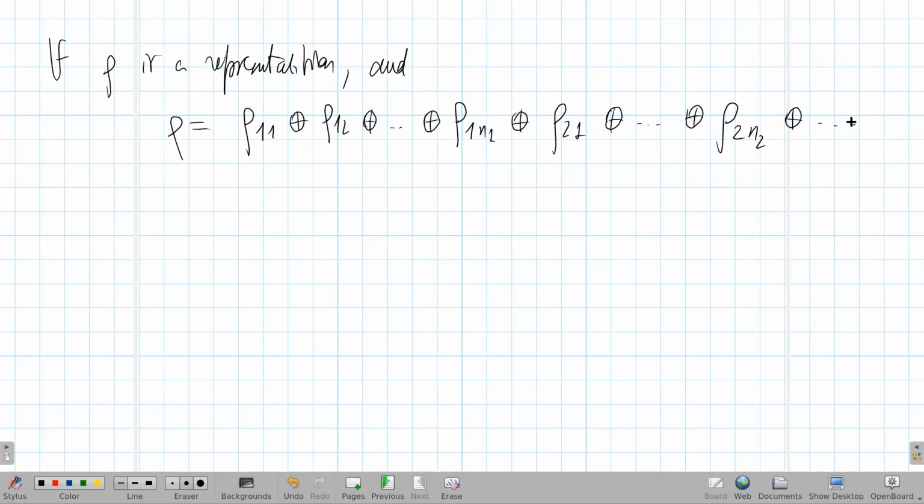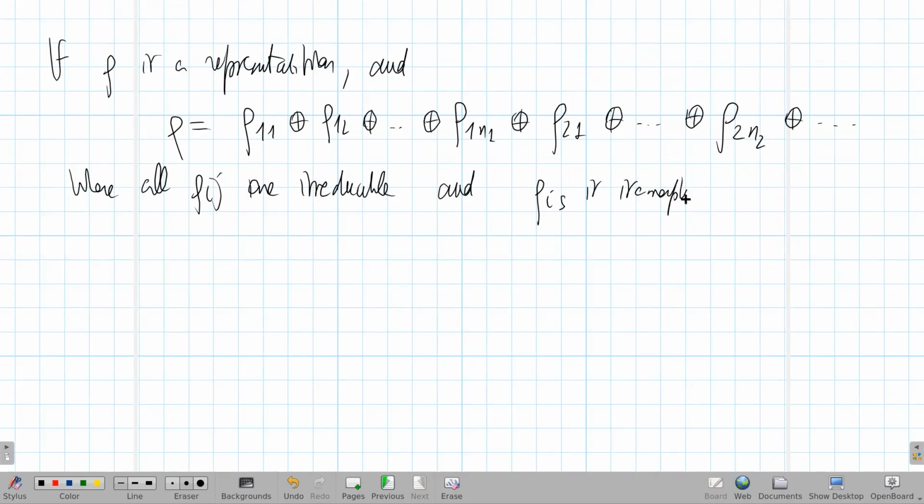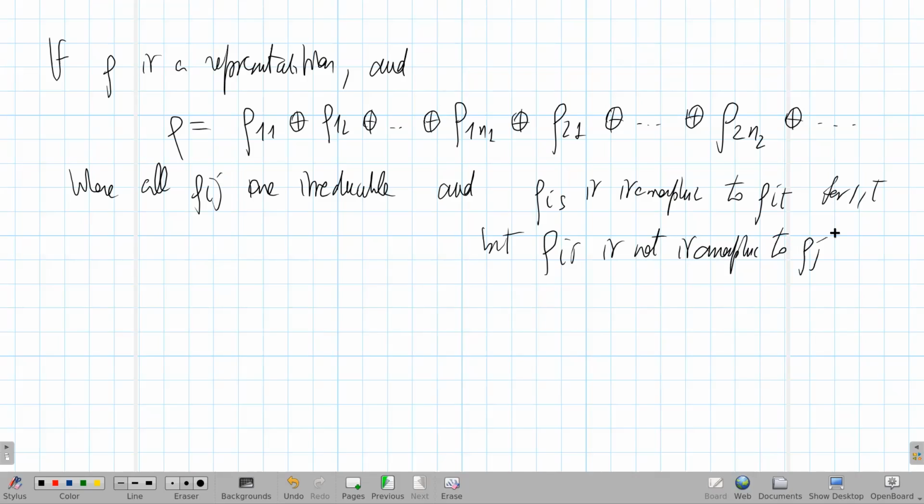Okay, this is clear what we are doing, where all the rho ij are irreducible. And we have that rho is is isomorphic to rho it for any s, t, but rho is is not isomorphic to rho jt for i different from j.